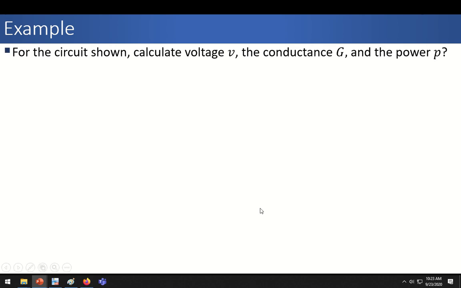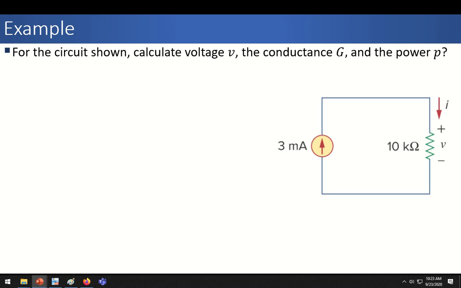So let's see another example. We have a circuit in which we want to calculate the voltage V, conductance G, and the power P. This is the circuit.